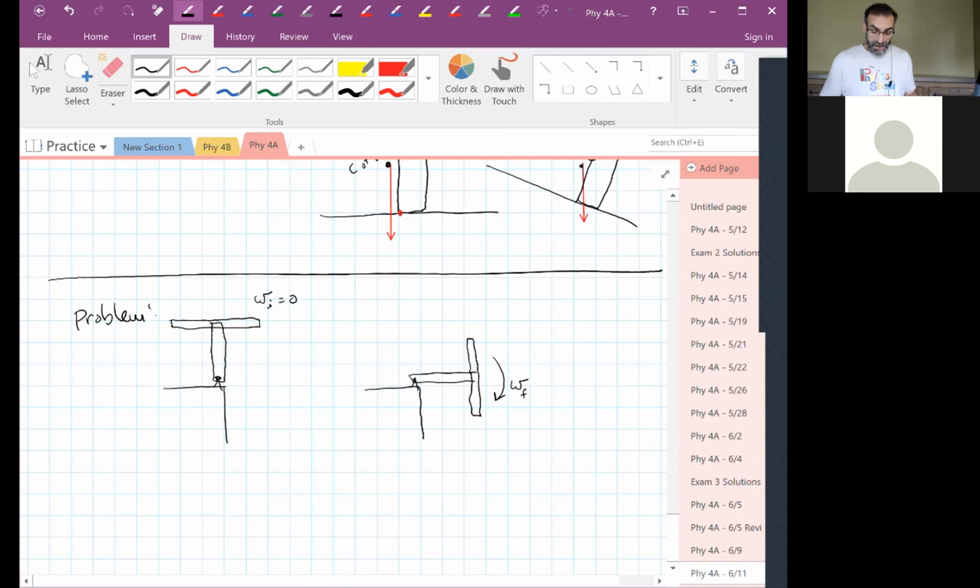As it's passing through horizontal, let's treat each of these as given: this is L and M and M and L. Find omega final.